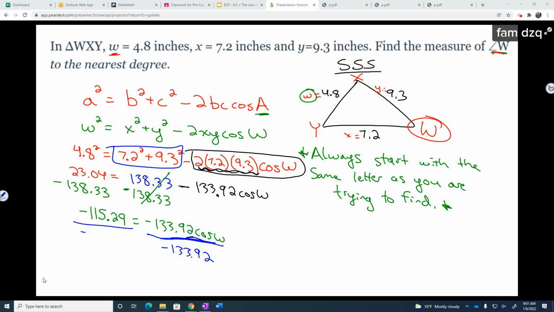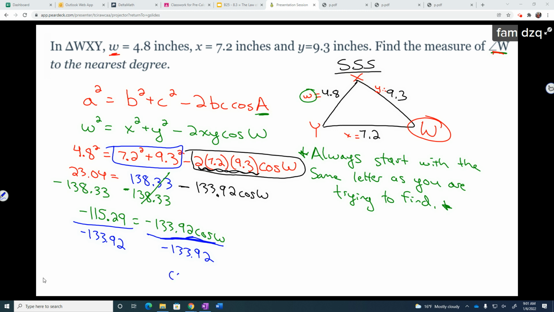Like I said, this one has a few more steps, not quite as easy. And if you did this, you should already have negative 115.29 in your calculator. If you have it there as your last thing, then you can just hit divide by. You don't have to retype it. It'll take the previous answer. So just divide by negative 133.92. Enter.